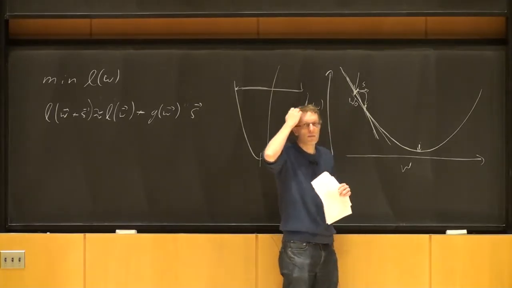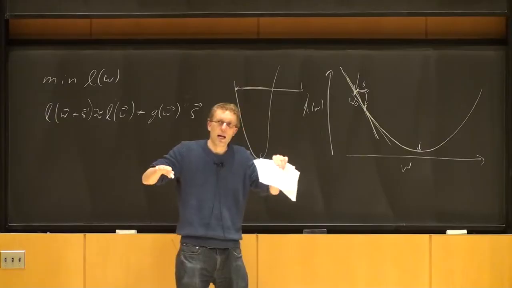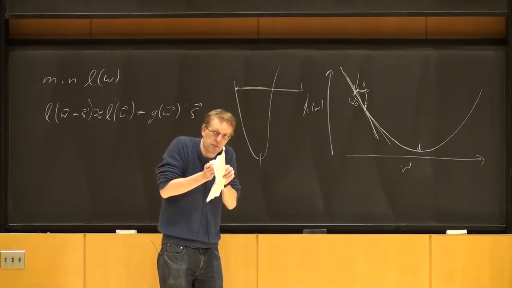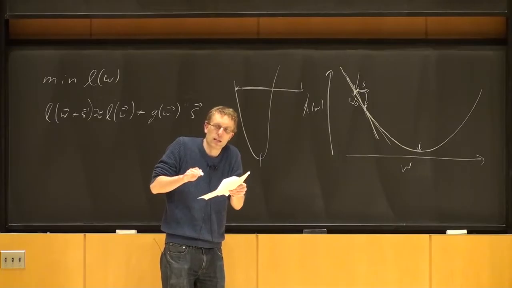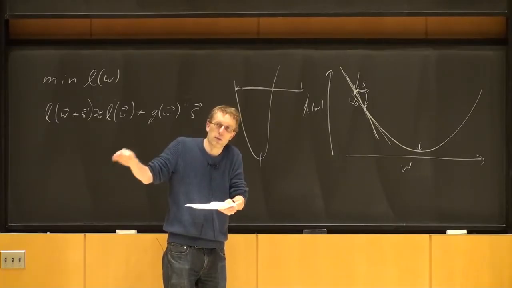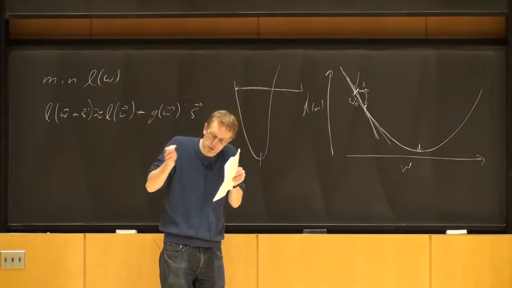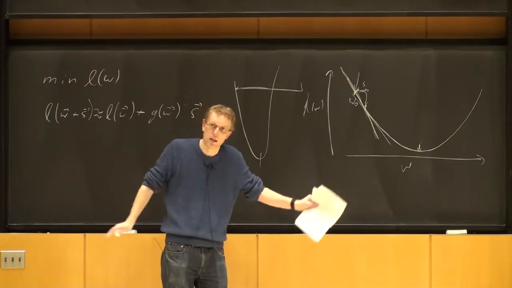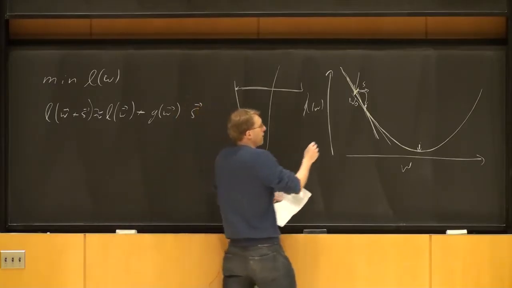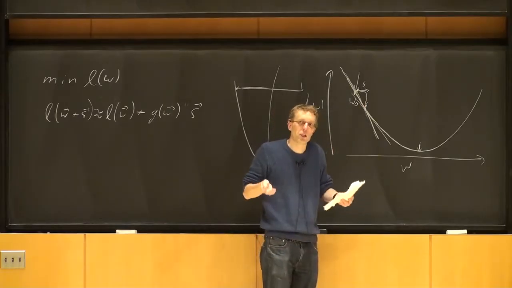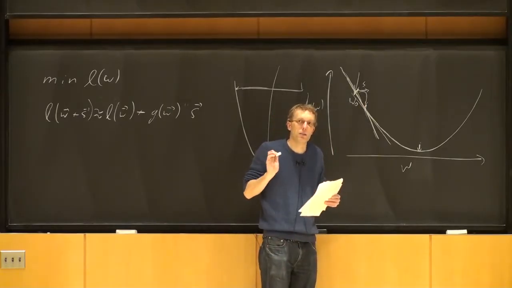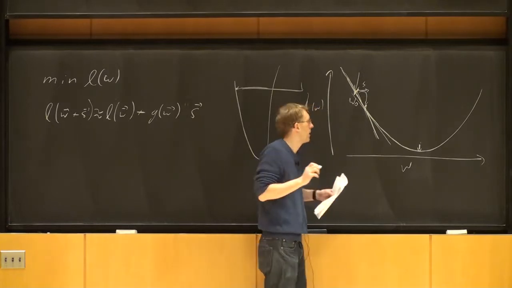Because the function is smooth, if you just zoom in enough, at some point you will actually not feel the curvature anymore, right? And this is exactly the effect of the planet Earth. Globally it has a huge curvature, but if you just look here, it actually looks damn straight, right? So that's basically what we're doing here. We say locally, the approximation that the function is linear is not a bad approximation.